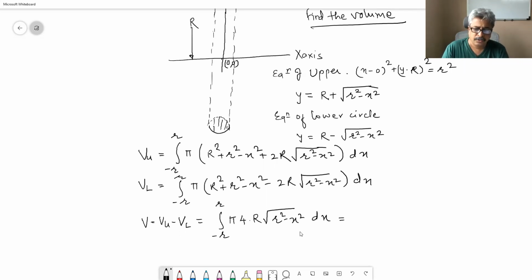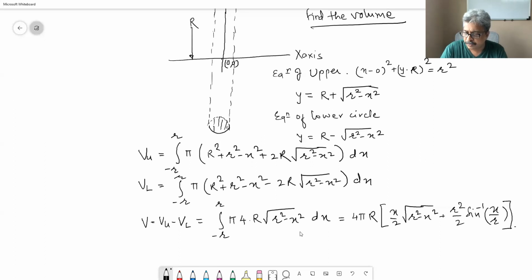And hence if you solve this, you get 4 pi capital R inside bracket x by 2 radical r square minus x square plus r square by 2 sine inverse x by r to be evaluated from minus r to r.